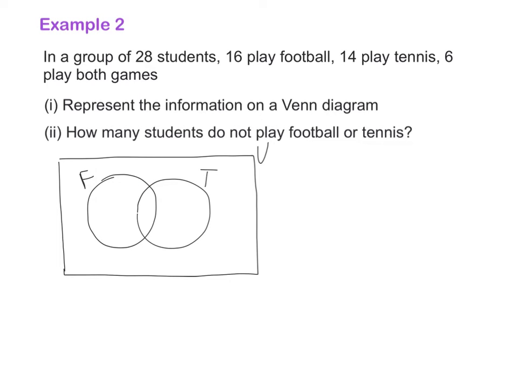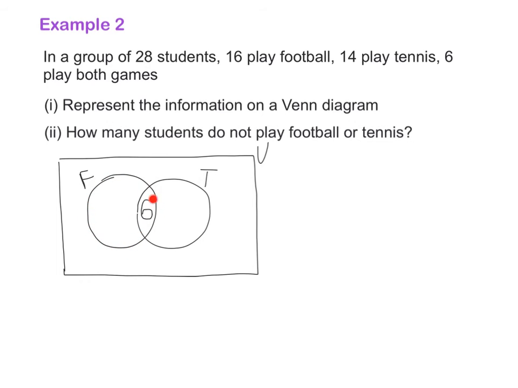We know that 6 students play both games. 6 students play football and tennis. So that means 6 goes in the middle in the intersection. 6. This part is done. And now we know that 16 students play football. This circle represents football, and we need to place 16 students in it.